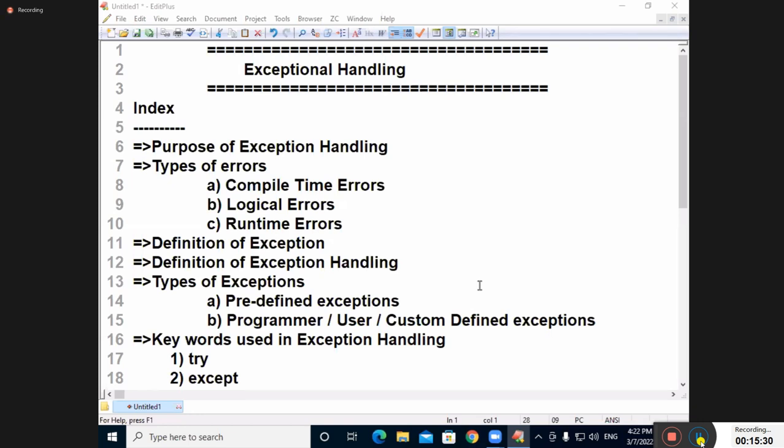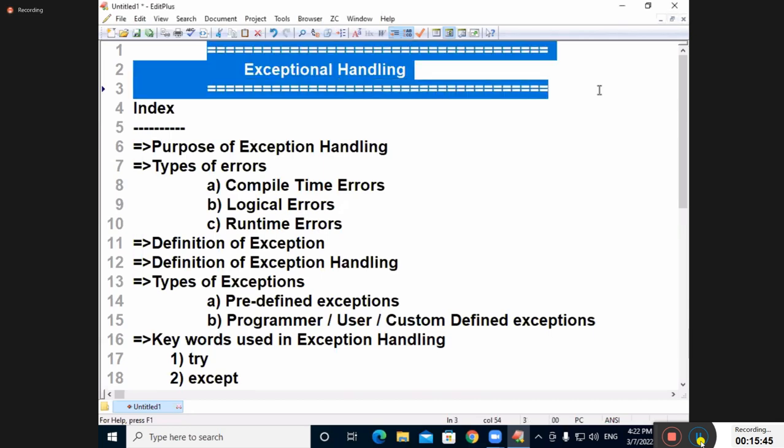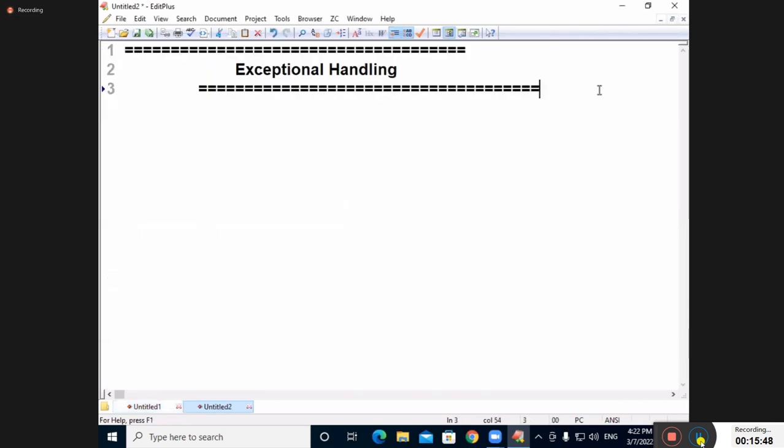Okay. Fine, students. If I go on seeing that, they will go on saying a lot of things. So let us start. Good. So let us start, students. Introduction to exception handling. Please try to respond. Don't sit quiet and calm.